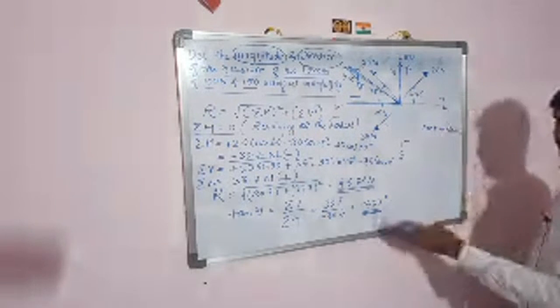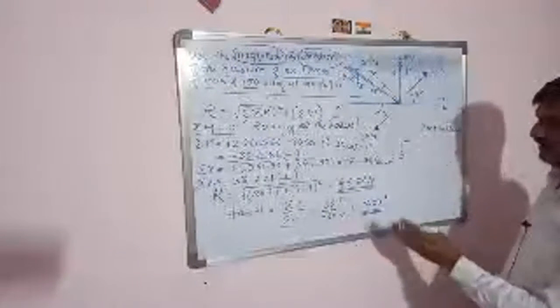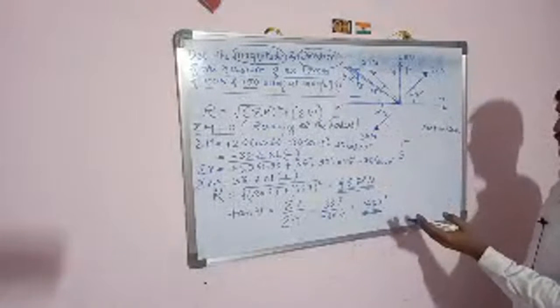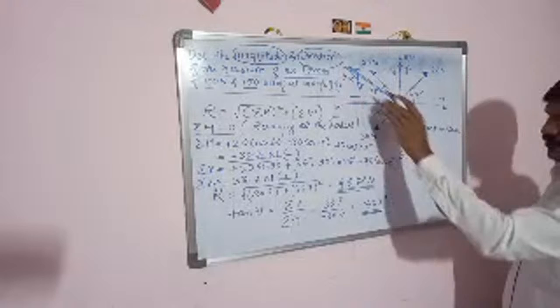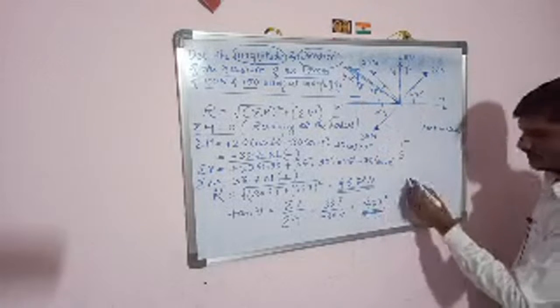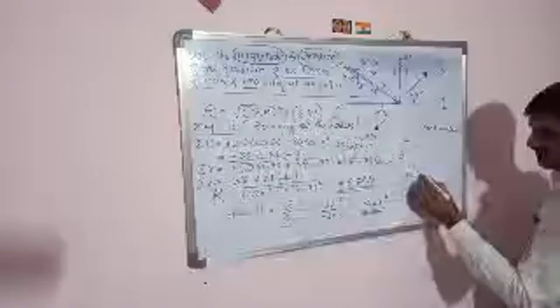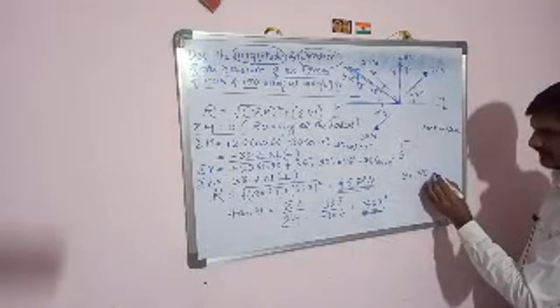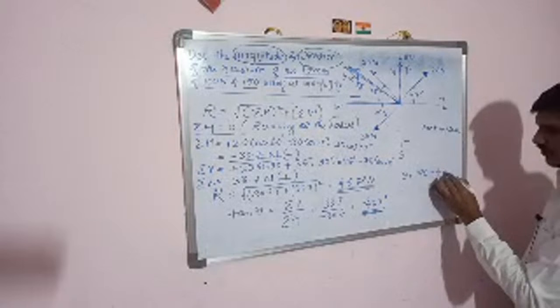47.7. So 47.7 is nothing but what will be the angle here? Okay. So in the second quadrant, this angle is not directly available, so we can calculate theta is equal to 180 degree minus 47.7.